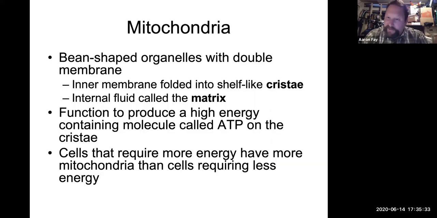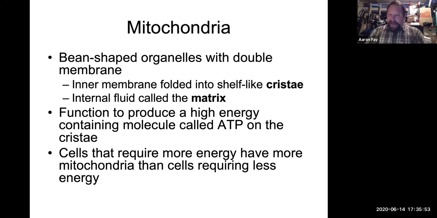Okay, mitochondria. These are perhaps a little bit more familiar to people. Bean-shaped organelles, they have a double membrane, right? The inner membrane is folded very highly into structures called cristae, and inside we have a material called matrix.